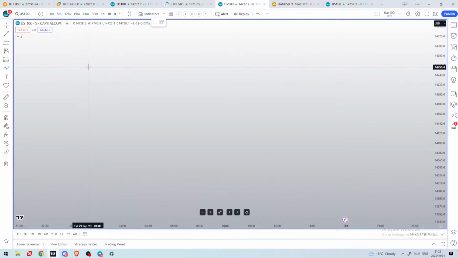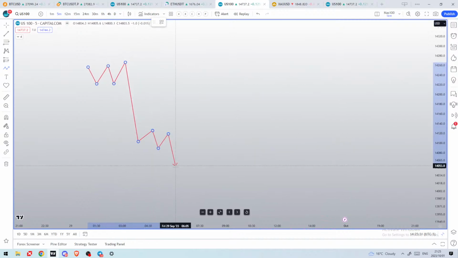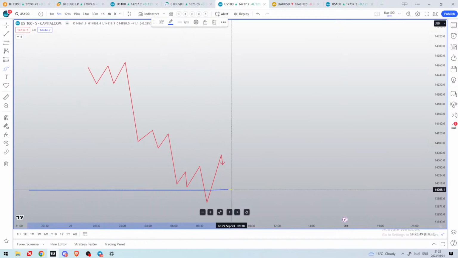So say we had price here, and then we went all the way down here and then we started to reverse, and once we started to reverse we did something like this. We'll pause it there. On the way down, the objective is somewhere here. Price wants to move from here down here.